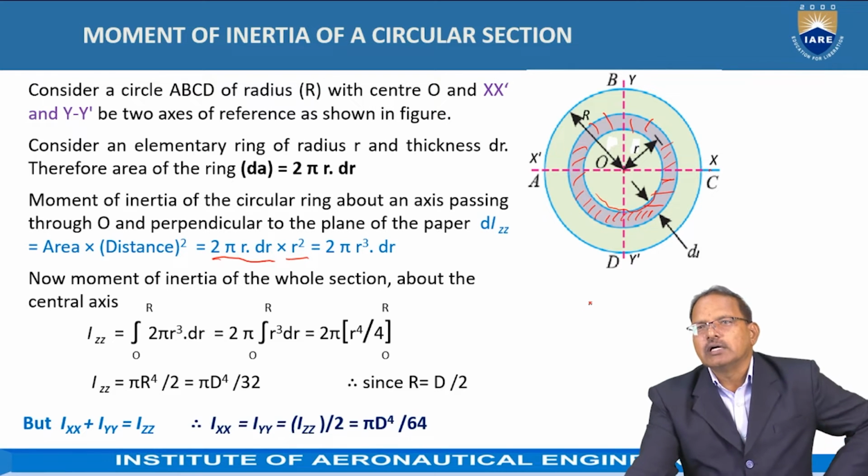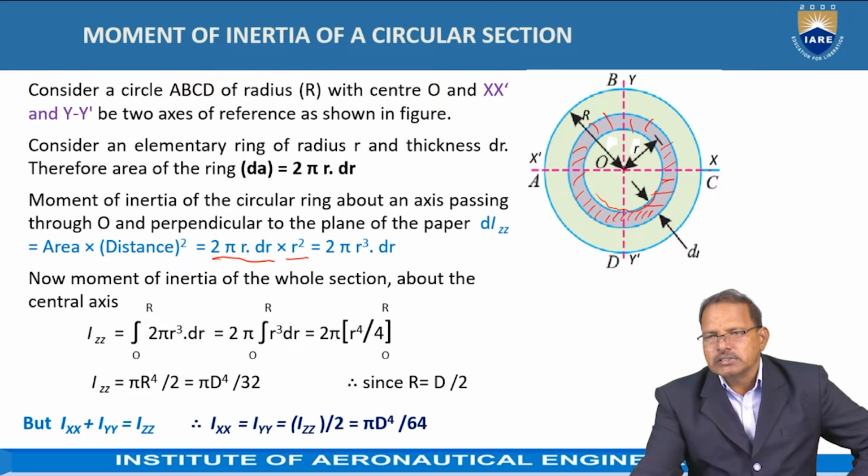The moment of inertia of that entire circle about the z-axis is obtained by integrating the above equation from the limits 0 to capital R, where capital R represents the radius of the given circle.